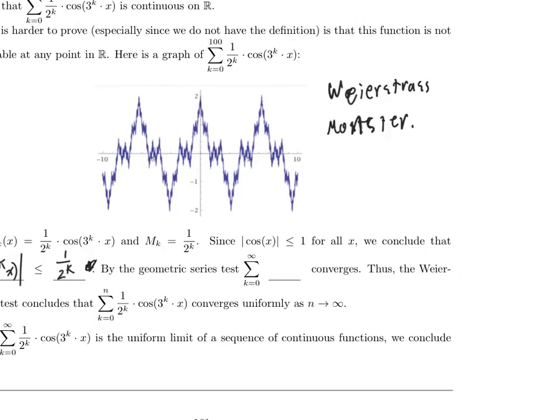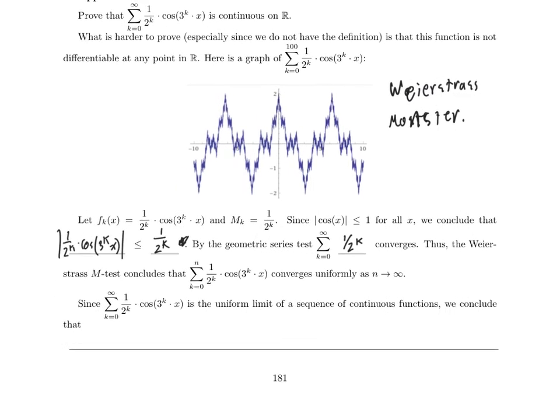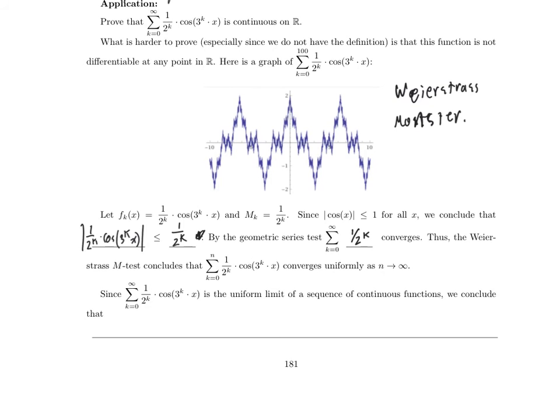By the geometric series test, the infinite sum of all of the 1 over 2 to the k's converges. Therefore, by the Weierstrass M test, this sequence of partial sums converges uniformly as n goes to infinity.